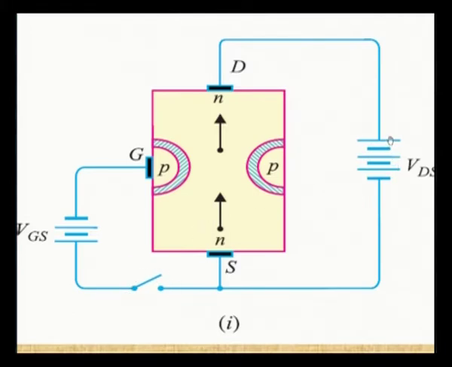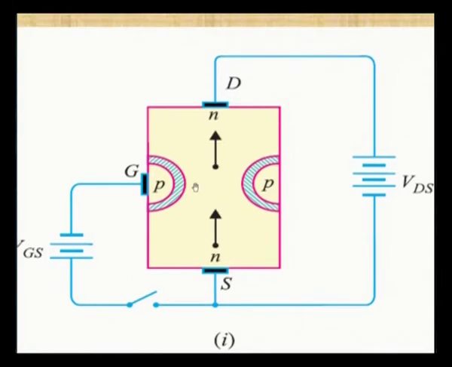When we apply the drain voltage, that is the drain to source voltage, the depletion layer is formed in the 2 PN junctions at the sides. This is the formation of the depletion layer. This will make the channel width decrease. Since the channel width is decreased, the current flow is also decreased.